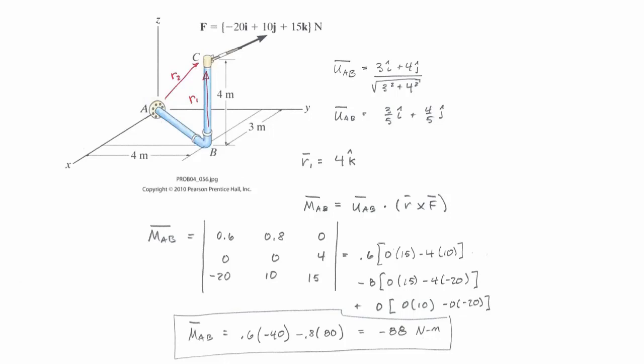In other words, if AB is going in this direction, by the right-hand rule, the negative direction would be going in that direction. If you put your fingers and thumb there, you can see that the moment about AB would be going backwards through the pipe. And that makes sense from what we're observing here with the direction of the force as well.